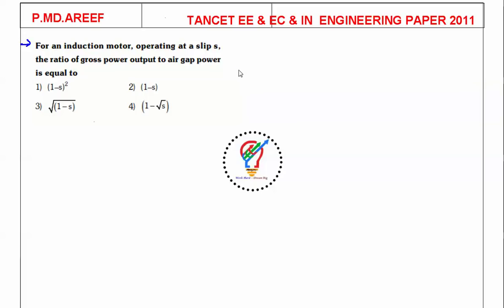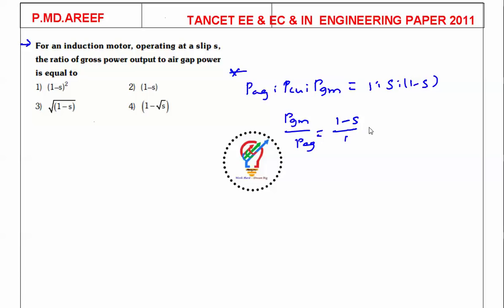There is one important formula you should remember: air gap power to copper losses to gross mechanical power is equal to 1 : S : (1 minus S). Based on this, the ratio of gross mechanical output to the air gap power PAG is (1 minus S) by 1, which is nothing but 1 minus S. So the answer is option 2.